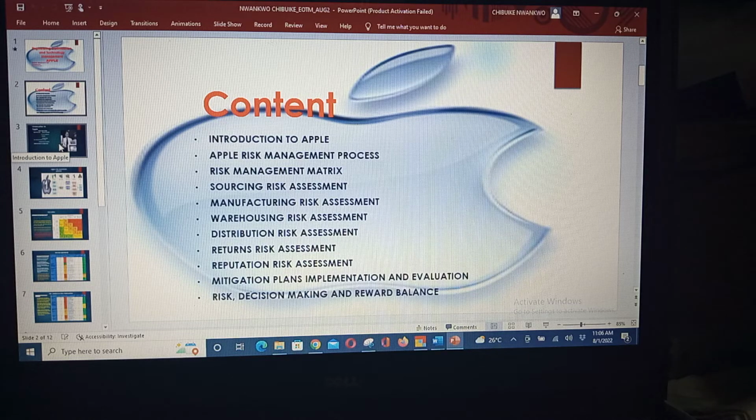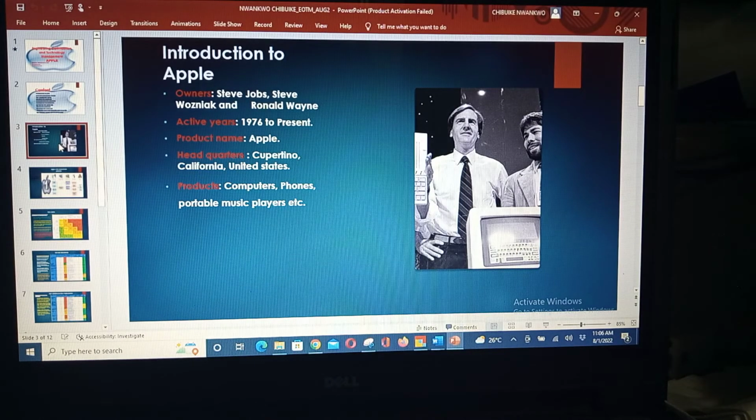My first slide is all about the introduction to Apple. We all know that Steve Jobs, Steve Wozniak, and Ronald Wayne are the co-founders of the company. Unfortunately, Steve Jobs is dead. The active years of the product are from 1976, when they started their first computer, to present. The product name is Apple, as we all know.